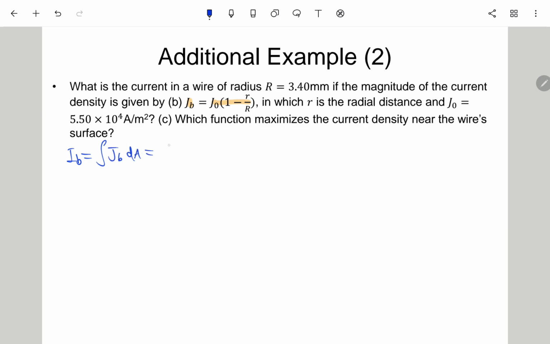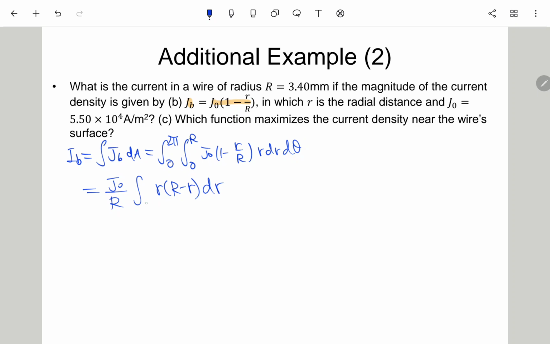The same, and then we have an integration, JB is J0 times 1 minus r over capital R, d theta, and then integrate r from 0 to capital R, theta from 0 to 2 pi. Similarly we have J0 over R, and then here a little bit different, which is r times R minus r dr from 0 to capital R.